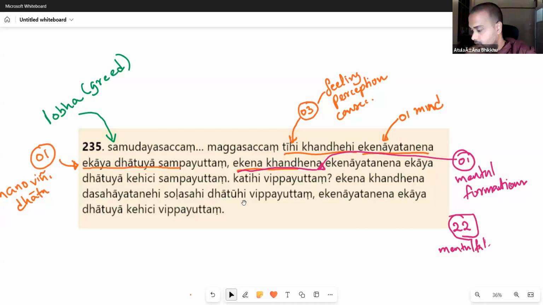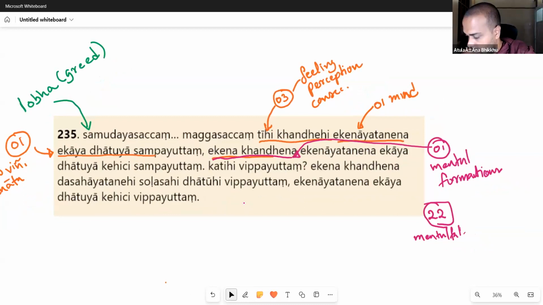Now if we divide these 22 into the aggregates, we have one Vedana, one Sanya, and the Sankhara Khandha.